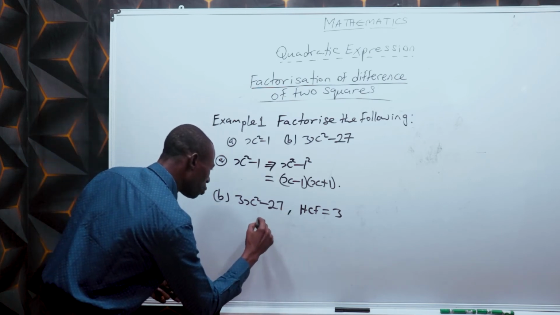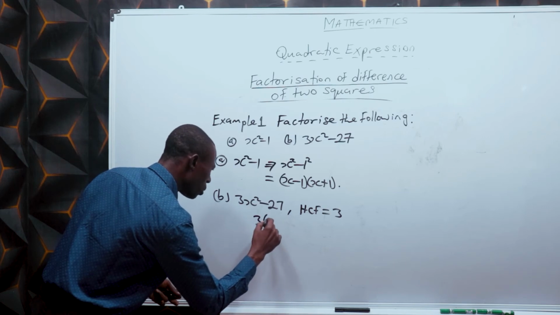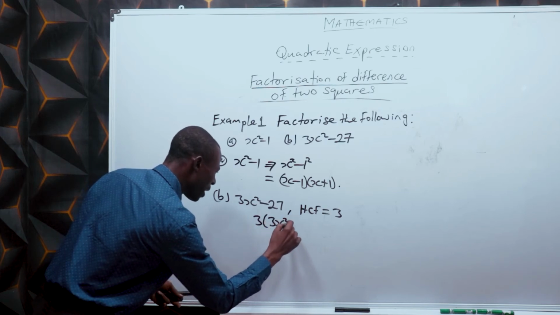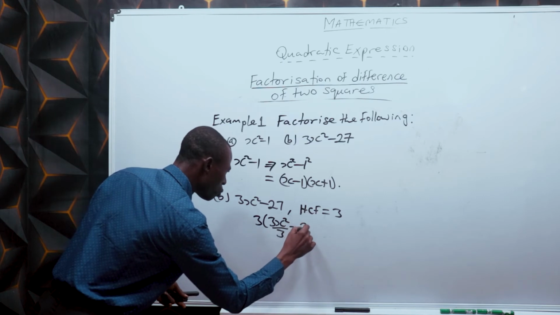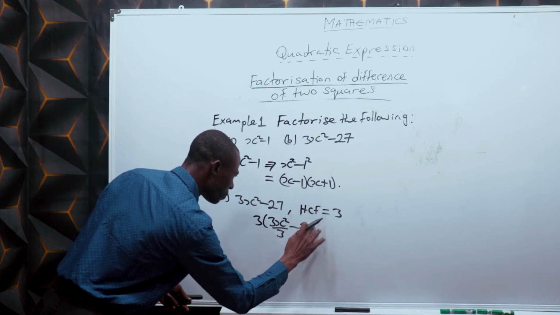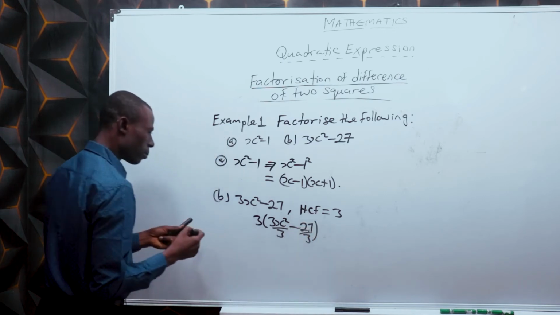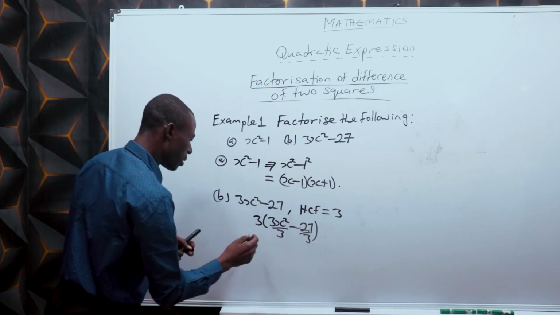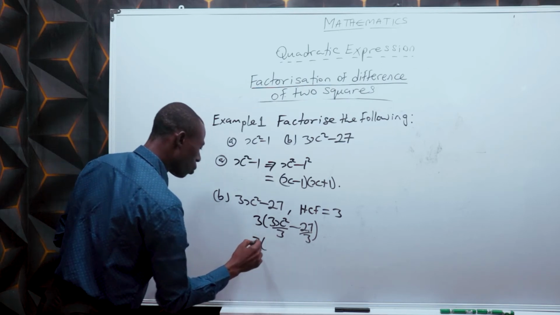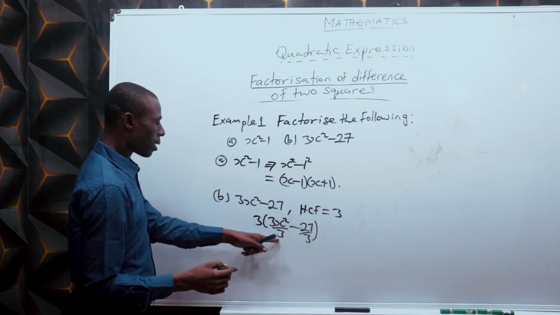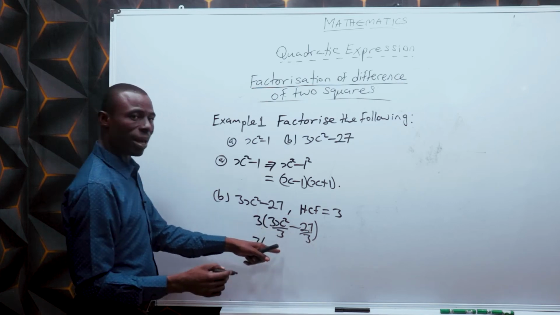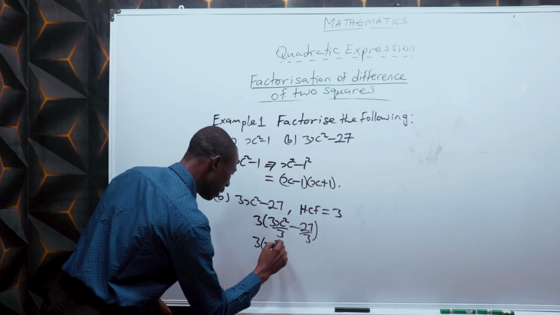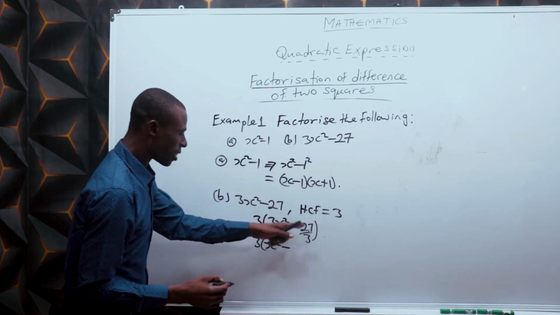So, bringing it out, you will have 3 into 3x squared over 3 minus 27 over 3. And this is 3 into 3x squared divided by 3. That gives us x squared minus 27 divided by 3.